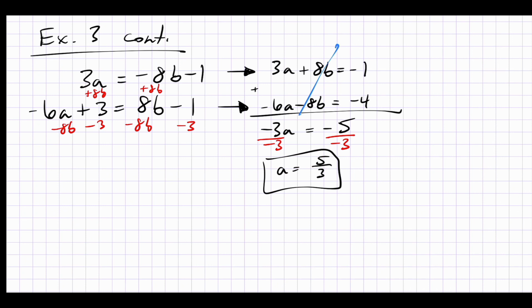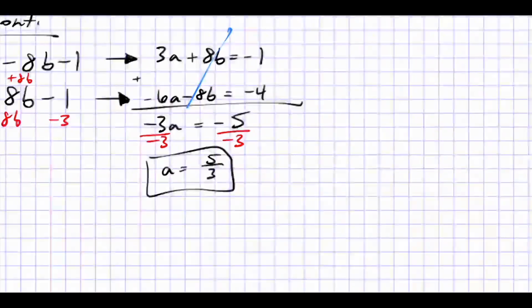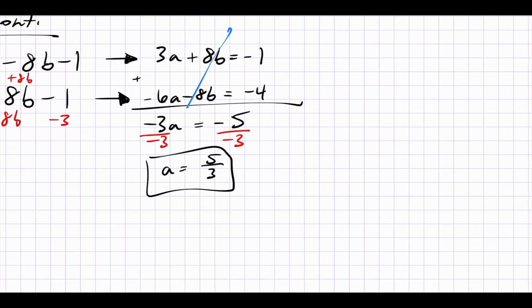How do I get B now? Yep, plug them into any of these equations. This guy or this guy. Doesn't matter, whichever one you want to. You'll get the same answer for both. So I'll use the top.